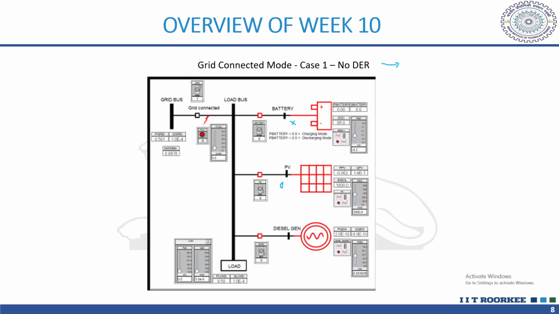Neither is the P generated by this diesel generator with us. Basically, this load of 0.5 megawatt is being directly fed from the grid because your P grid is 0.5, right? So basically, your grid is feeding everything. You don't have any power from the battery, PV, or the diesel generators in this first case.